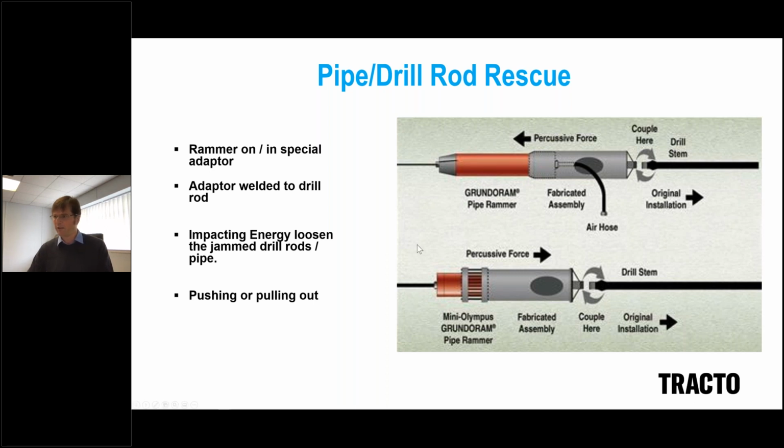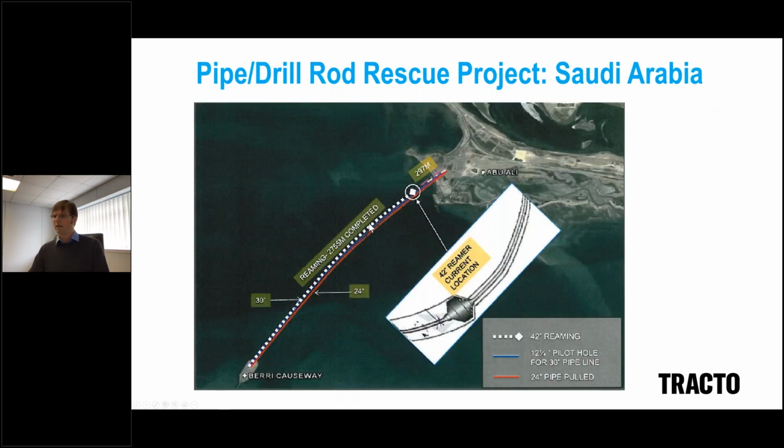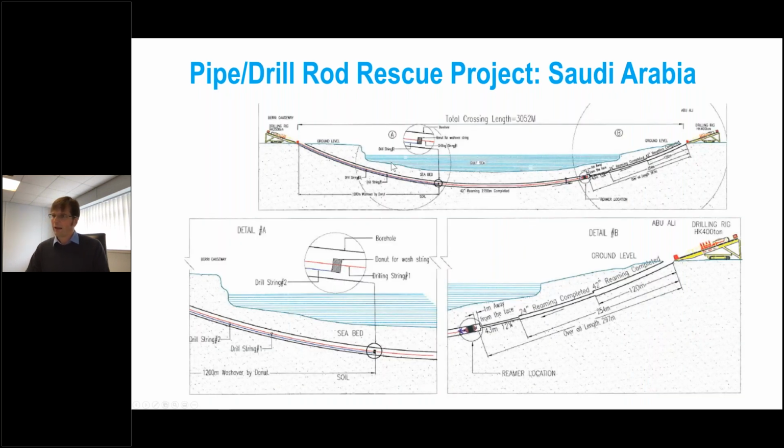And we've ourselves been involved in a rescue operation in Saudi Arabia, where a 3-kilometer 30-inch pipeline was installed under the seabed, and at about 2.7 kilometers in, one of the power packs to the HDD drill rig developed a problem, and for a multitude of reasons that we don't really need to get into in this presentation, the reamer stayed where it was, 300 meters away from the receiving side.